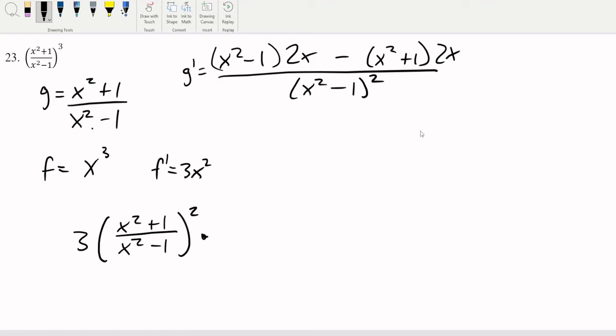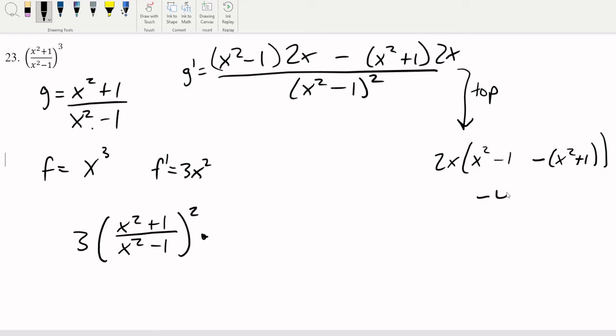You might want to do a little algebra, just kind of playing around here. We could factor a 2x out. Let's just look at the top of this. So that's 2x factored out, times x squared minus 1 minus x squared plus 1. Okay, that's going to be nice. The x squareds will go away. This will be negative 1 minus 1, which is negative 2. So the top actually becomes negative 4x, all the way simplified down.